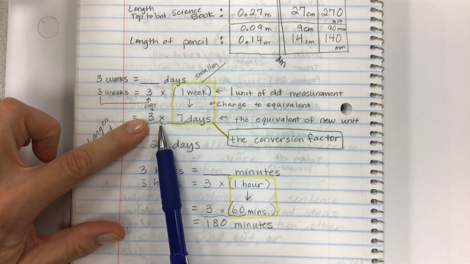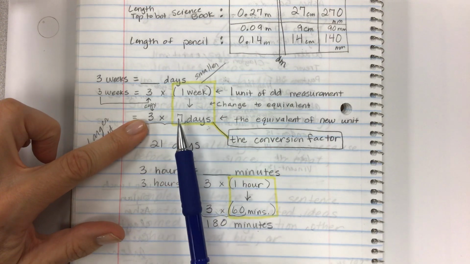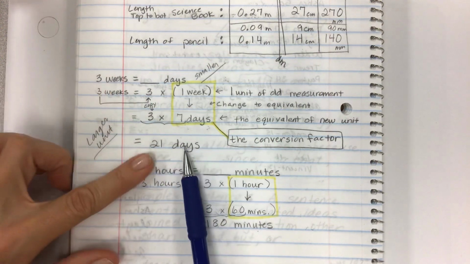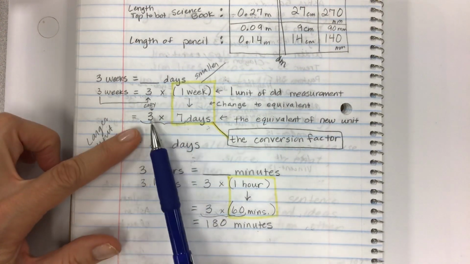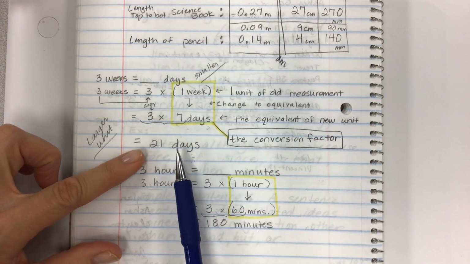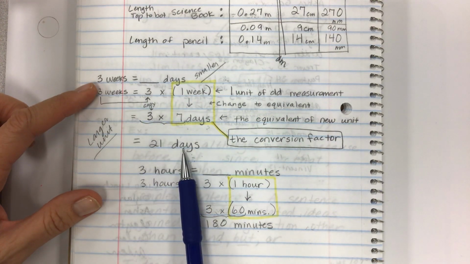So it makes sense that I'm multiplying with this factor. Conversion means change. This is the factor, the number, that I'm going to multiply with to change to the new unit. Okay? And so then you have your 3 times 7, which gives you 21, and you have your new unit, which is days. So 3 weeks is equal to 21 days.